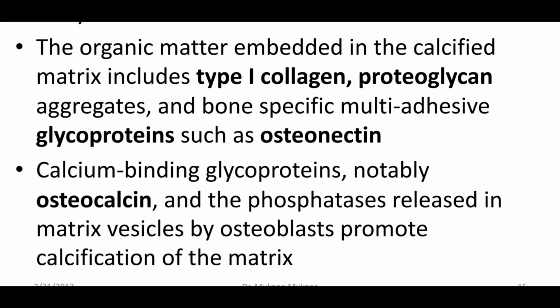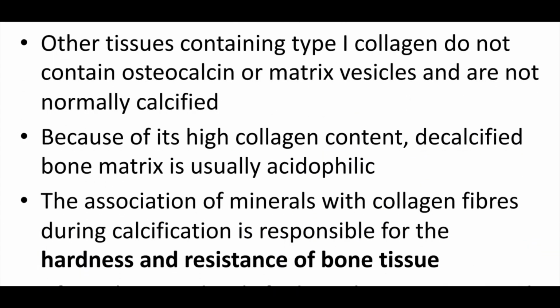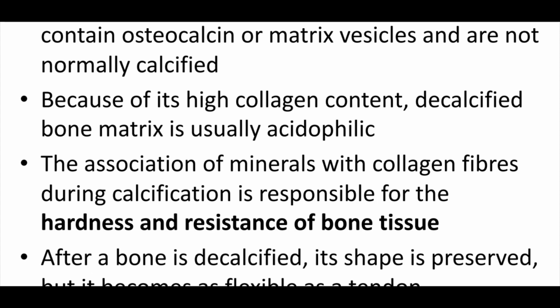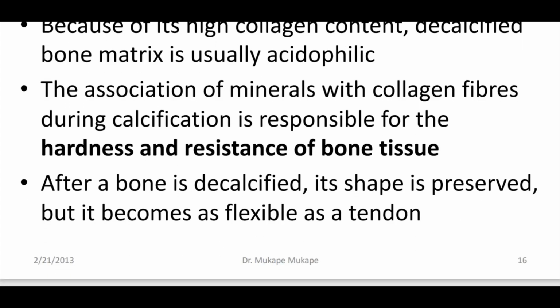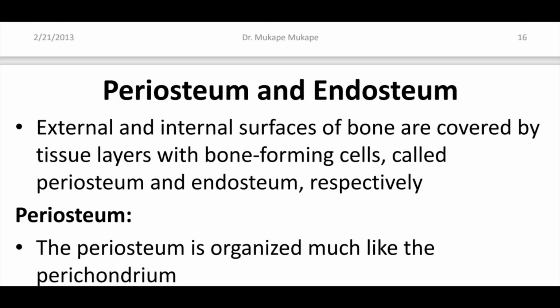So what you need to know is that without osteoblasts, there can't be calcification of the matrix. It's impossible. Okay. So the association of the minerals, which is the calcium hydroxyapatite, which contains calcium and phosphates and hydroxy ions, with the collagen fibers during calcification is responsible for the hardness and resistance of bone. Now, after the bone is decalcified, its shape is preserved, but it becomes as flexible as a tendon, because the bone and the tendon have got the same type of collagen, which is collagen type 1.